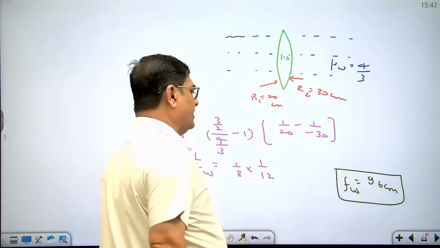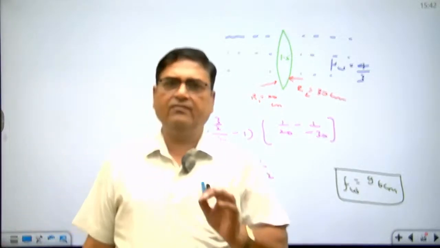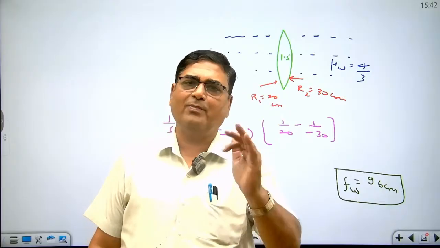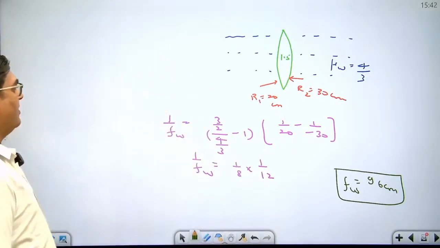So when the lens is kept in water, its focal length becomes 4 times, means power becomes 1 by 4, okay? So what will be the corresponding diagram?